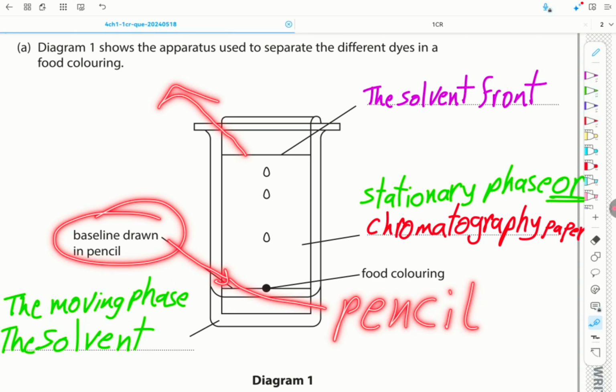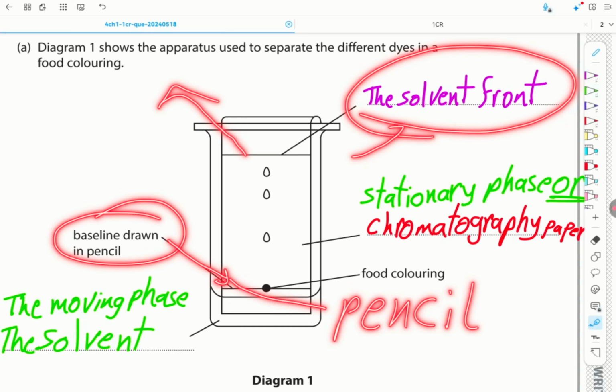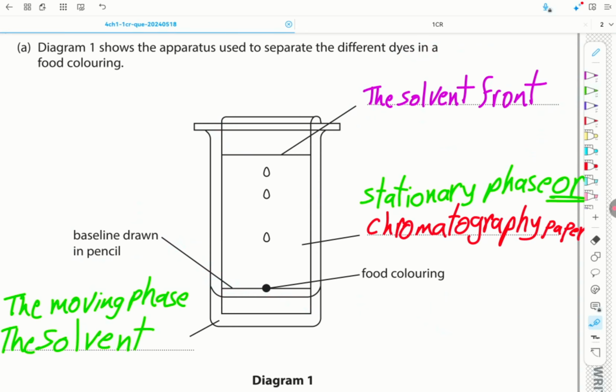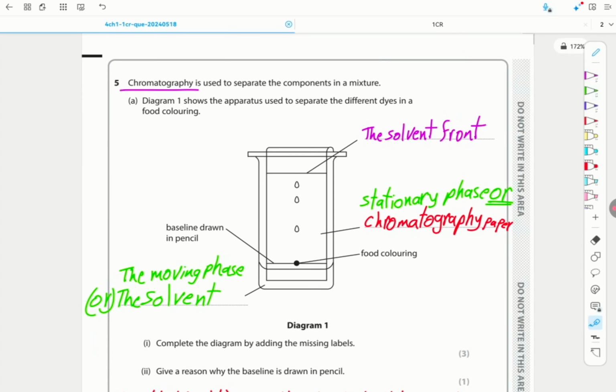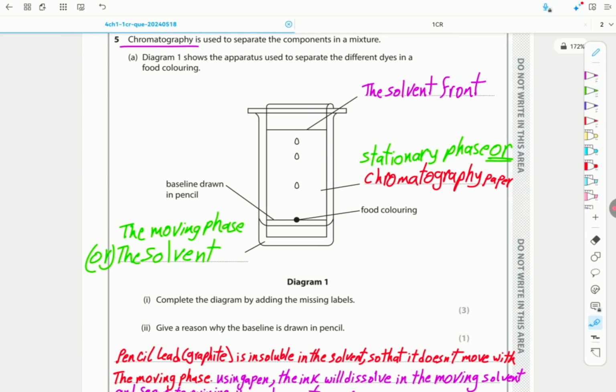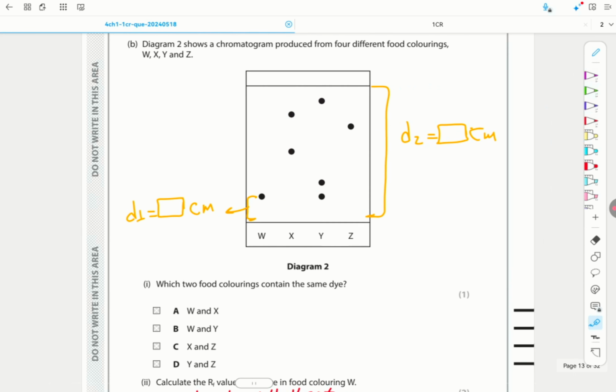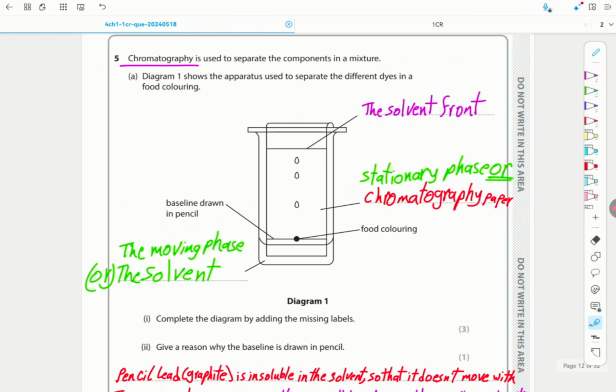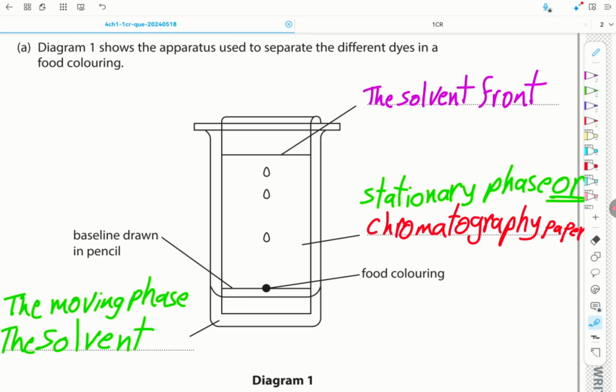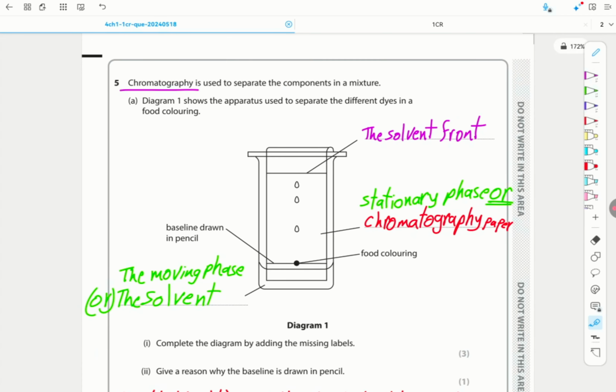And here we have the solvent front. What is the definition of the solvent front, my friends? Can you remind us? Yes, the solvent front is generally the farthest distance that the moving phase can climb over and reach.